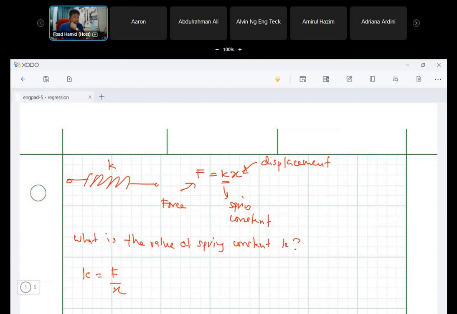So how do you do this? You need to measure the force, right? And you need to measure the displacement, right? That's one way.